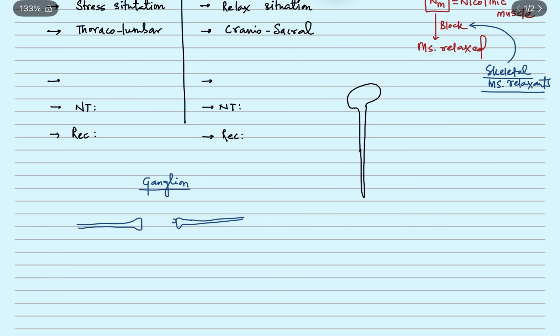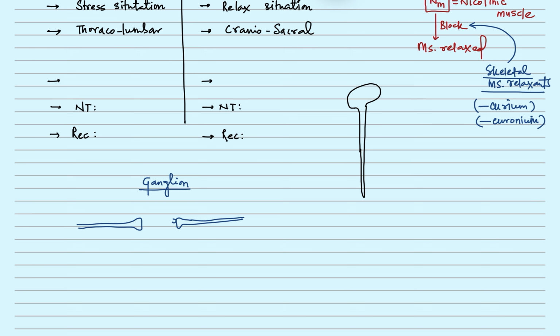And a very interesting thing, those drugs which act as skeletal muscle relaxants have names that end with curium or curonium. Very important. Rocuronium, vecuronium, atracurium.